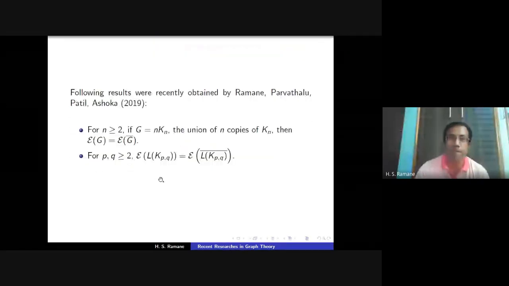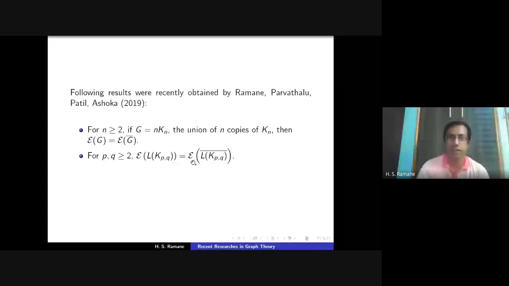So we have proved that the following graphs satisfy that property. For n greater than some value, if G is a union of Kn, then the energy of G is the same as the energy of its complement. And if we take the complete bipartite graph, then the energy of its line graph and its complement have the same energy.